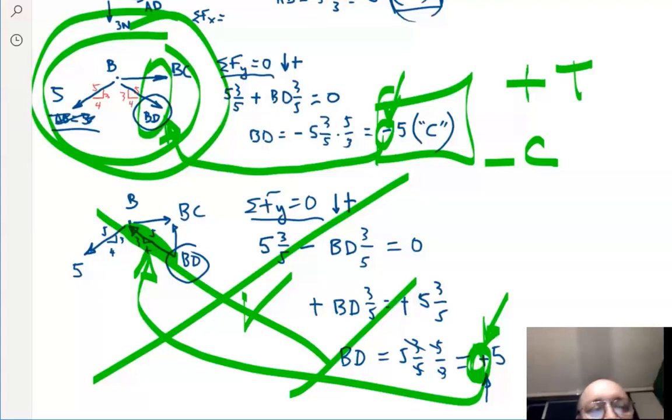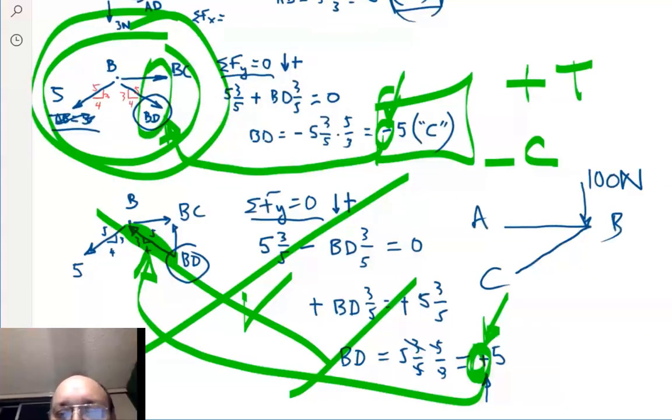I see a student, when you get a bar like this and a bar like this, let's say this is A, B, C, and you have a load here like 100 newtons. I see the students always do like this, it's 100 newtons. And then they put this one in compression because they know this is compression, but CB is very easy to see that that bar has to be compression, and this one will be AB.